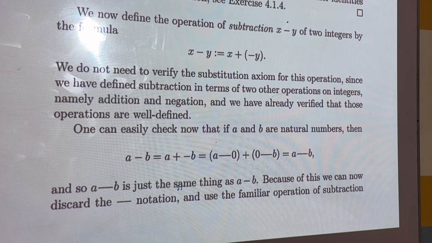So A minus B, one can easily check now that, I have a problem here somehow, it's kind of bothering me. A and B are natural numbers, then A minus B, since they are natural numbers, however they are integers.